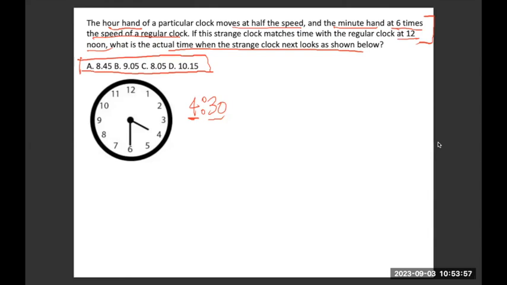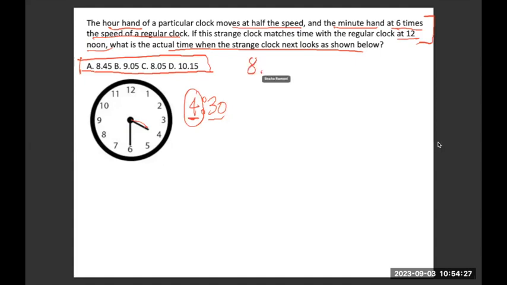In this case, the time that is shown is 4:30. What is given is the hour hand of this particular clock moves at half the speed, which means if it is 4, the actual hour will be 8, because the hour hand of the clock moves half the speed. Only if the actual time is 8 will it be showing 4. So I know 8 will be in the hour place.